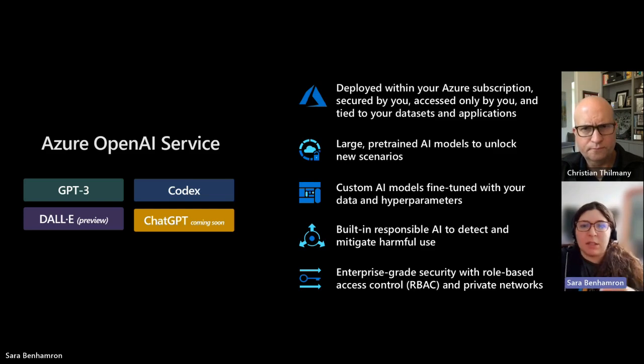In the slide, you might see some examples of the modules that OpenAI offers. You probably have seen ChatGPT, and it says coming soon, but it's already here, so we haven't updated the slide, so just ignore that piece. Just know that when you leverage Azure OpenAI, you can then deploy these modules into your Azure subscription.